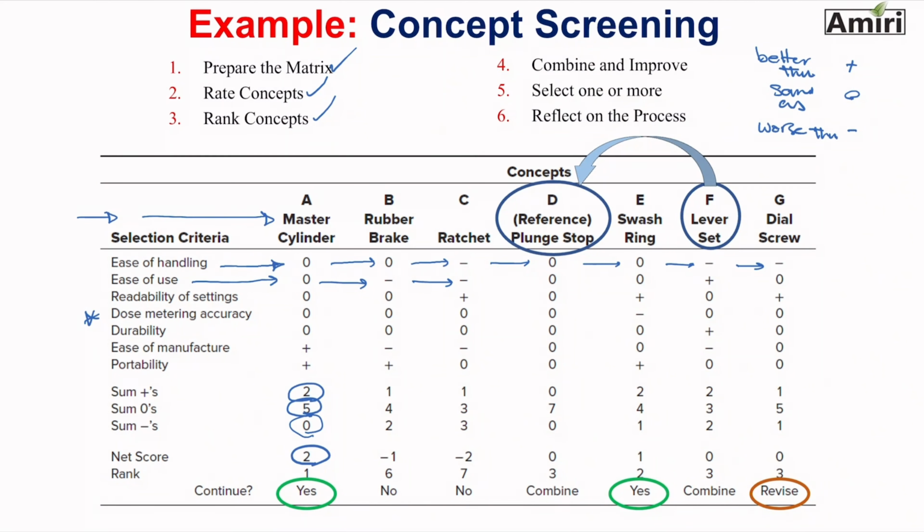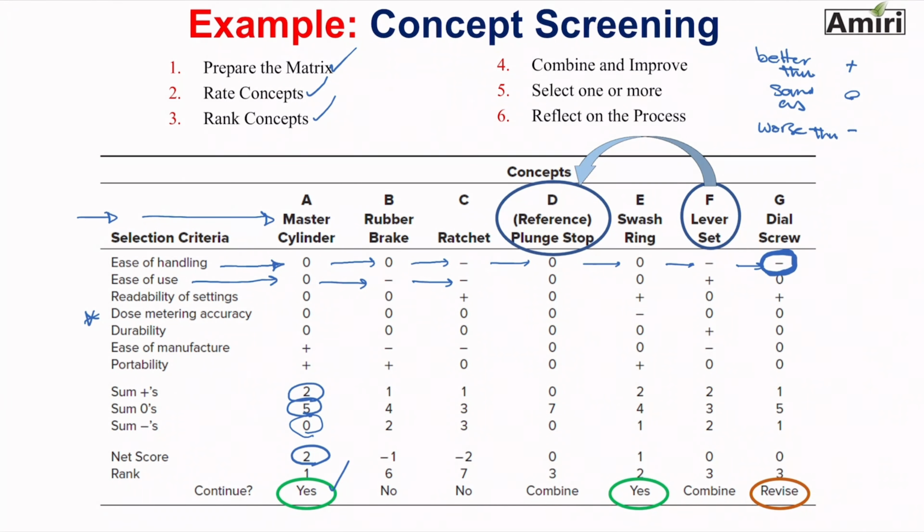So that's how they either revise them, like concept G was revised, and maybe ease of handling was the only negative with this concept. So they ask, what can we do about that one aspect of it? So let's revise it. In concept F and D, they take the good aspect of concept F, the good aspect of concept D, combine them together and move forward with that.